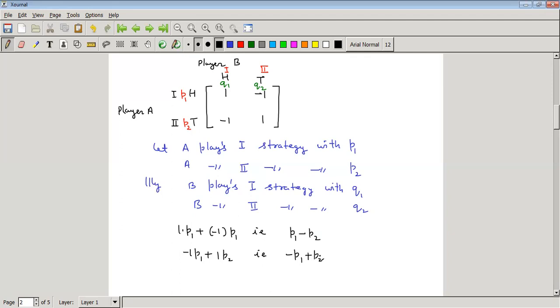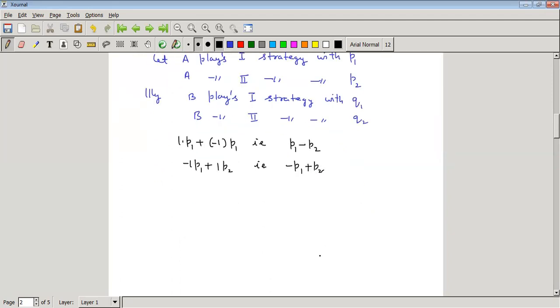So we have to find how many times A plays his first strategy and how many times A plays his second strategy, right? For this, we equate P1 minus P2 equal to minus P1 plus P2. So this implies P1 plus P1 is equal to P2 plus P2, so 2P1 equals 2P2.